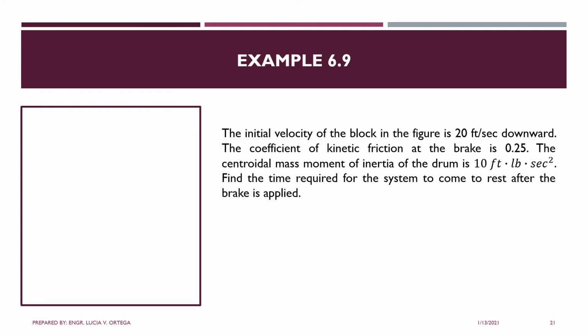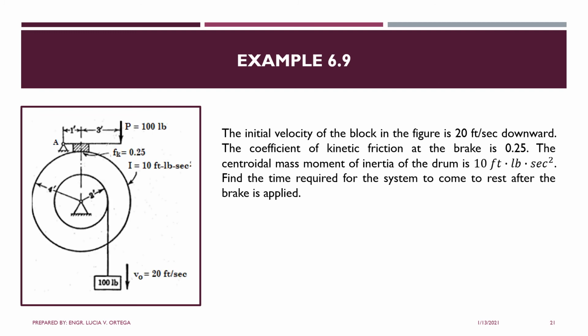So let's consider example 6.9. The initial velocity of the block in the figure is 20 feet per second downward. So let's show the figure. The coefficient of kinetic friction at the brake is 0.25. The centroidal mass moment of inertia of the drum is 10 foot-pounds second square.